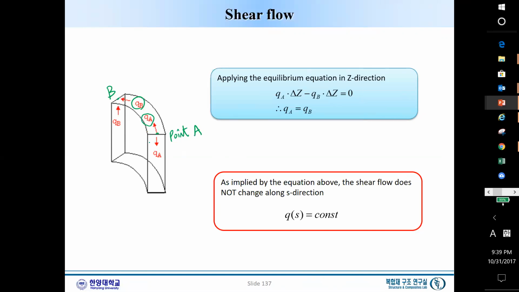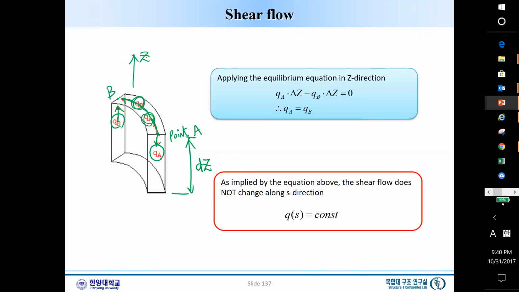Now very important is that this is the shear flow that exists on the top surface, where the shear flow can vary. Here, this is QA and this is QB, and this length is delta Z. Let's take a look at all the forces applied in the Z direction.